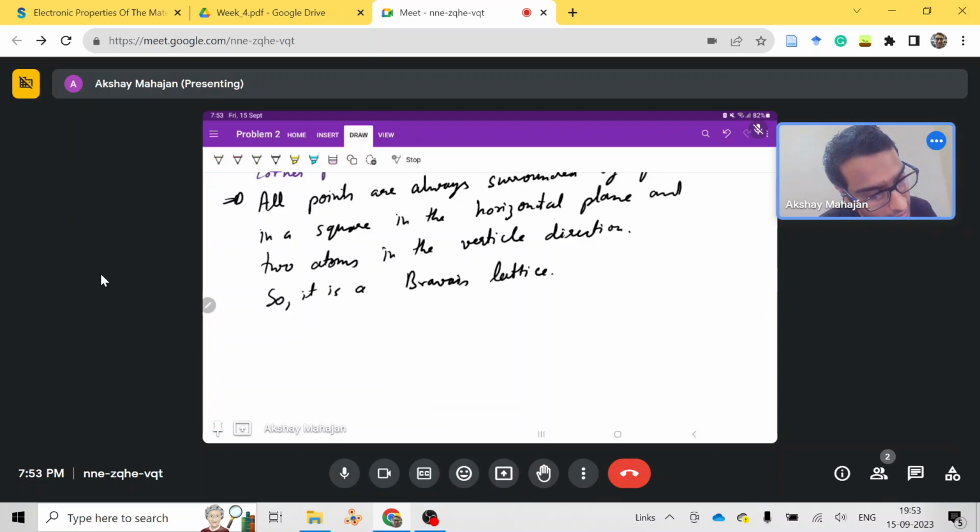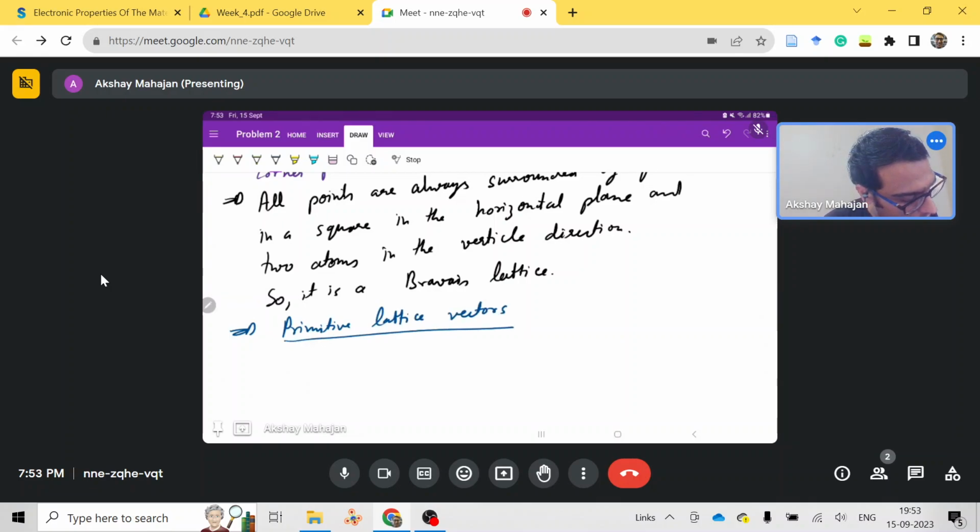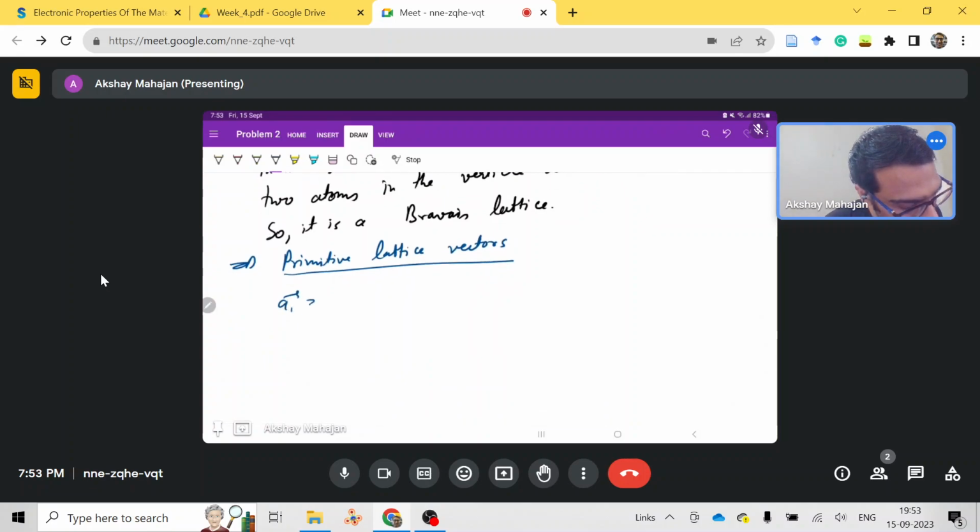Alright, and now if we talk about the primitive lattice vectors, they are given by a1 vector equals a by 2 times x cap plus y cap, a2 vector equals a by 2 times x cap minus y cap, and a3 vector equals a times z cap.